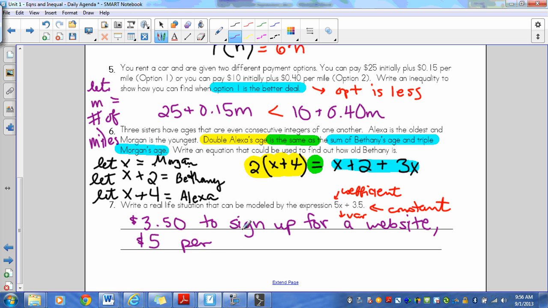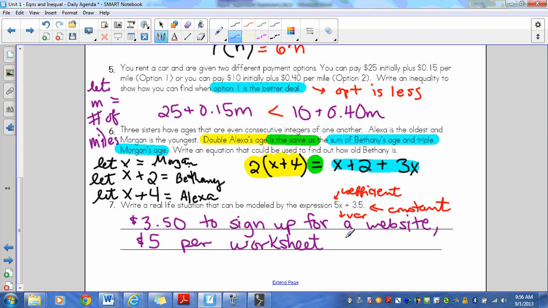It's $3.50 to sign up for the website, and then it's $5 per worksheet that I get to download. That's a good example of when it's an initial fee and then $5 per each item.